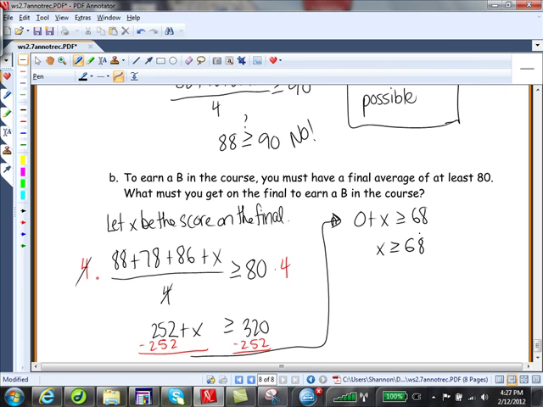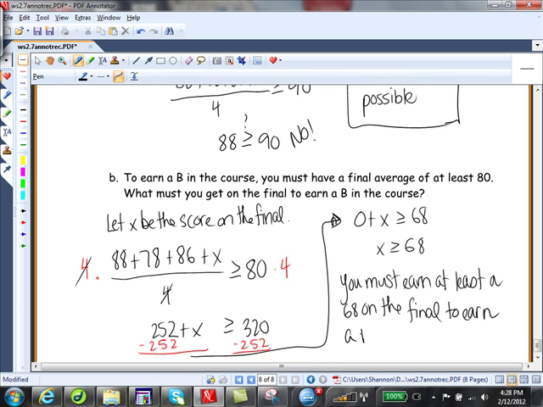X is greater than or equal to 68. So you must earn at least a 68 on the final to earn a B in the course.